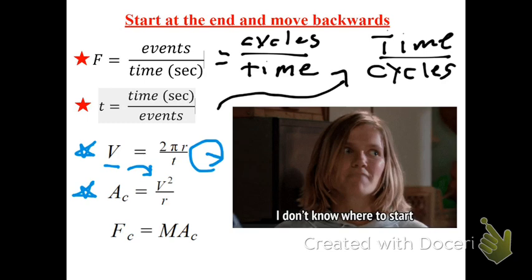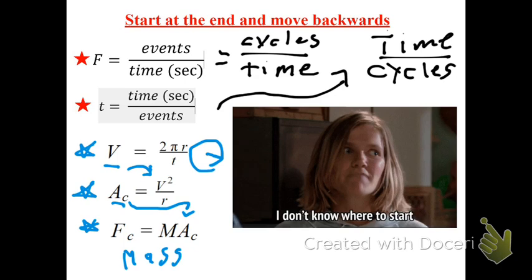So we're going to have some multi-step processes here. And then lastly, here we have our centripetal force equation. Here we need to know our mass times our acceleration. And here we have another piece that we're going to have to add from our last question. So centripetal acceleration goes into that force equation.